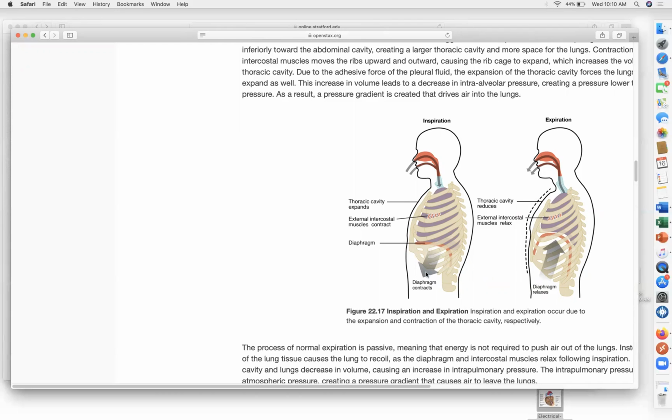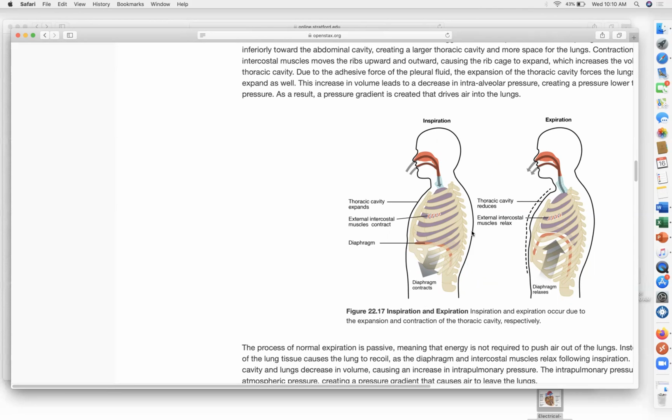Your diaphragm bottoms out, and your external intercostal muscles start contracting. When they contract and the diaphragm contracts, it's going to create a negative pressure within your lungs. And the atmospheric pressure is positive. So if there's a negative pressure in your lungs, air will now flow inward, hence inspiration.